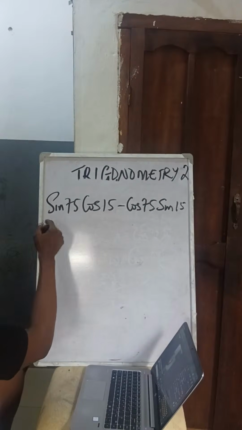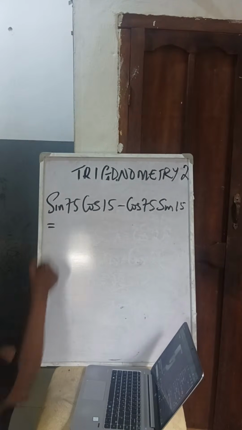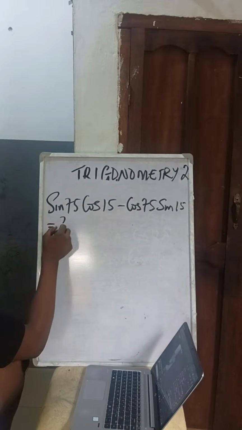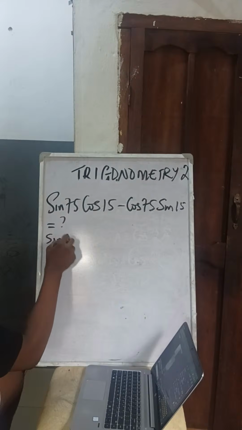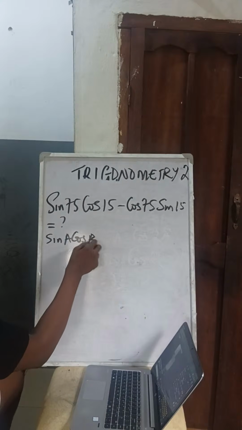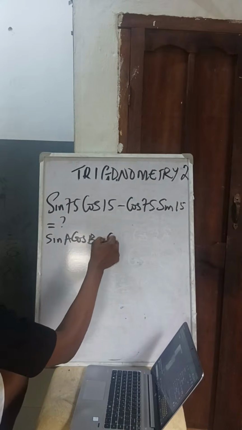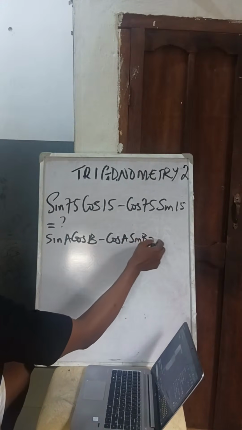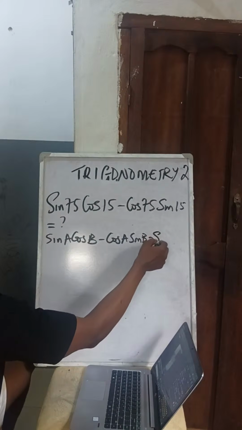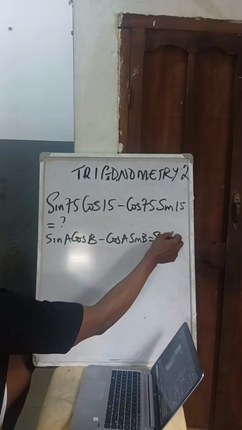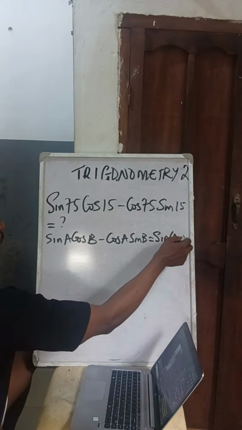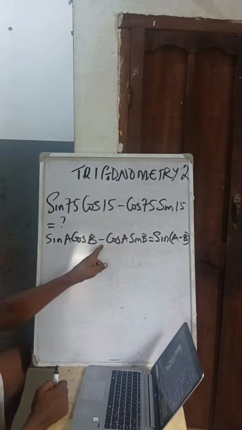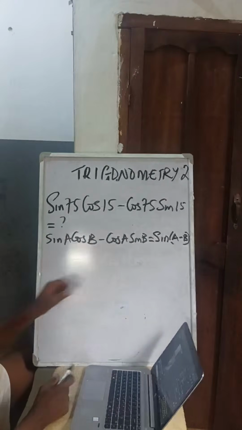So if you are asked to evaluate this, what will you get? Recall sin A cos B minus cos A sin B is equal to sin of A minus B. Because for sine, we have minus, minus. For cos, we have minus, plus.